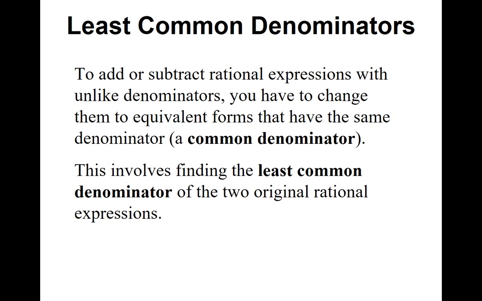And just like with fractions, to add or subtract rational expressions with unlike denominators, we first have to change them to equivalent forms that have the same denominator, or a common denominator. This involves finding the least common denominator of the two original rational expressions.